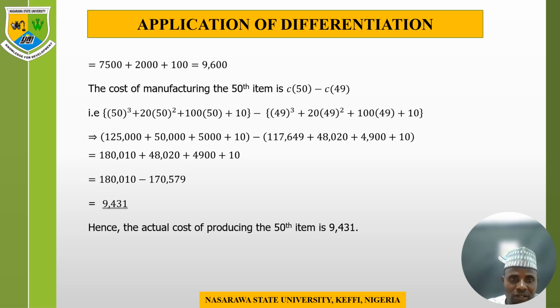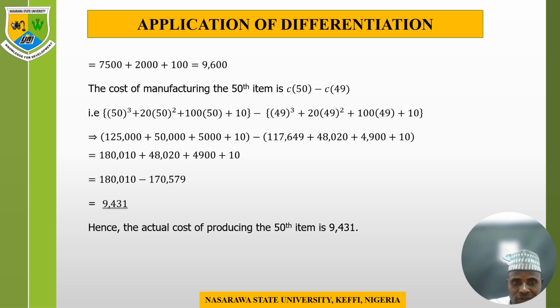Then we say the cost of manufacturing the 50th item is C(50) minus C(49). So this one minus this.